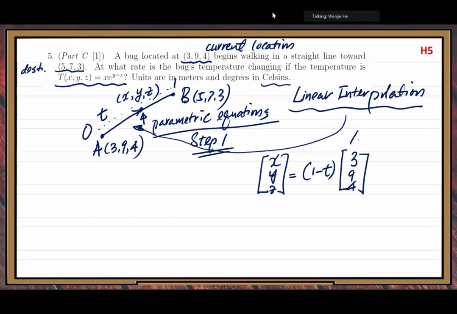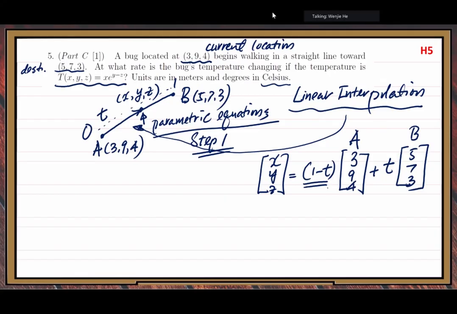Why 1 minus t? I will explain to you later. Then t times the B point coordinates, 573.